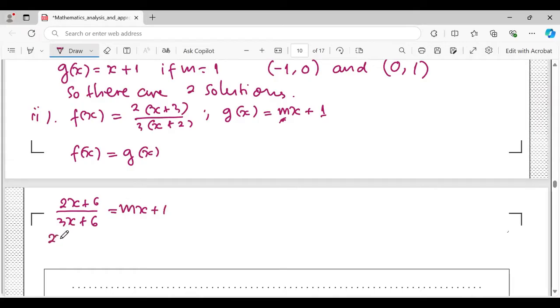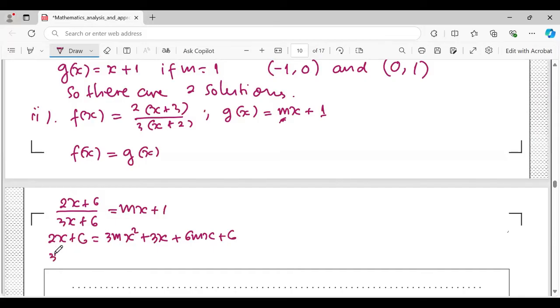So it will be 2x plus 6 equals (3x plus 6) times (mx plus 1). So it becomes 3mx squared plus 3x plus 6mx plus 6.